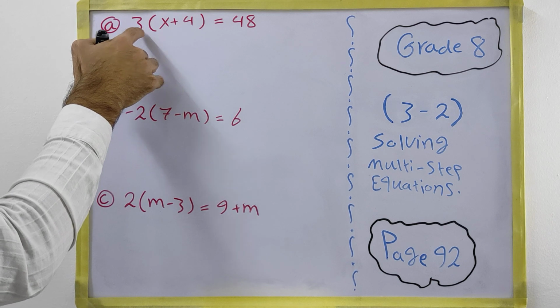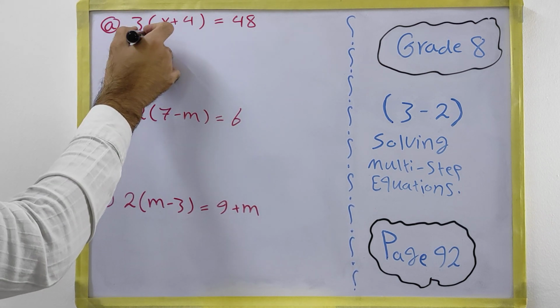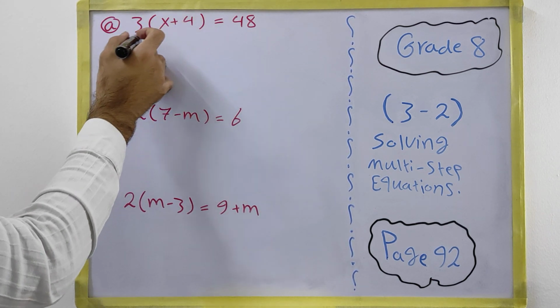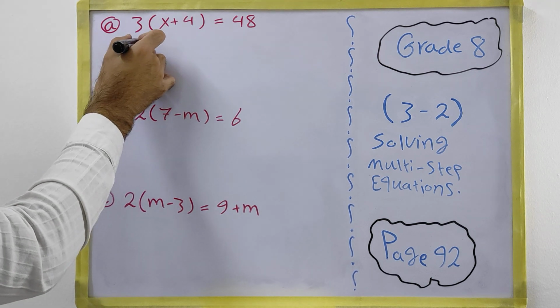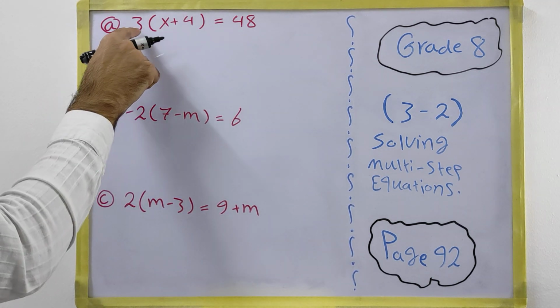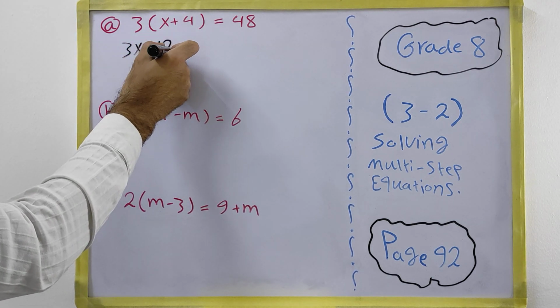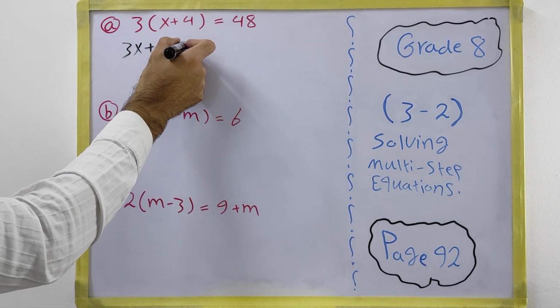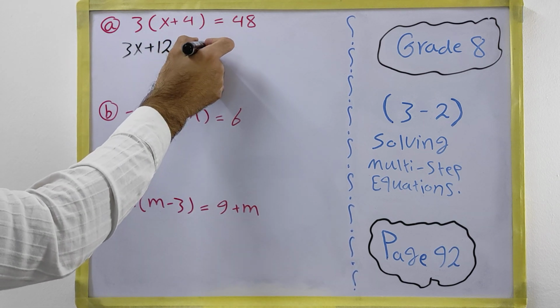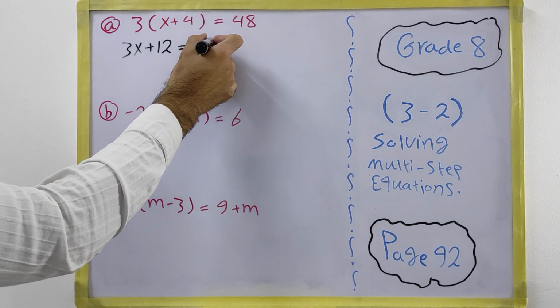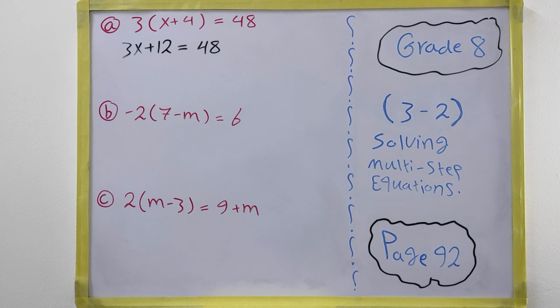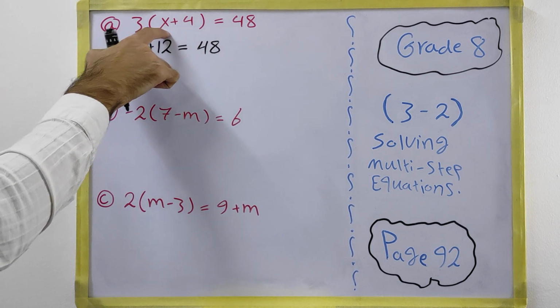Here we have 3 multiplied by x plus 4, meaning 3 times x, which is 3x, and 3 times positive 4, which is 12, equals 48. We just multiply 3 by the bracket.